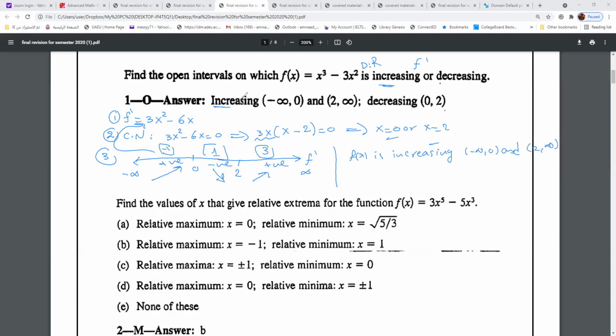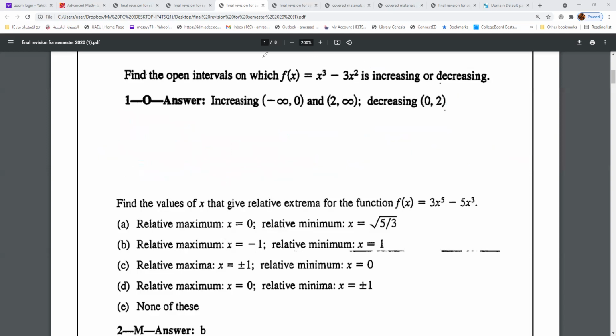That is the answer key, but you have to show me your steps for how we get it. Okay, f of x is decreasing on which interval? From 0 to 2, as in our answer. I think it's so easy. I just follow the steps. According to the sign of the first derivative, I can identify the behavior of the function.